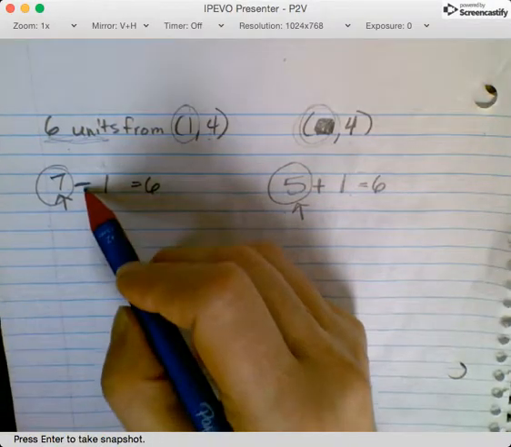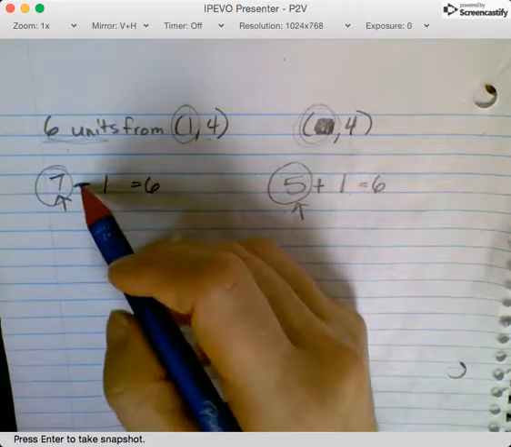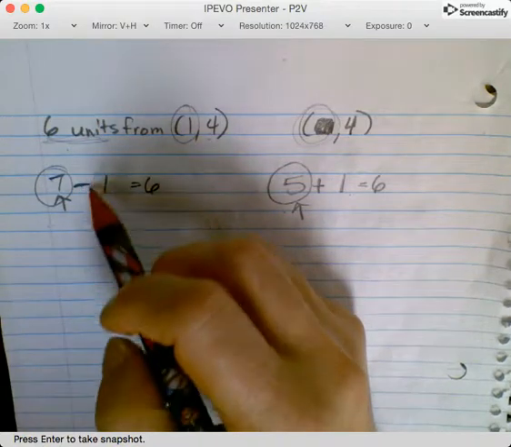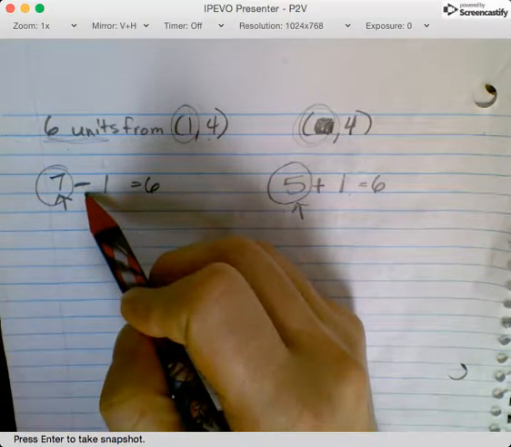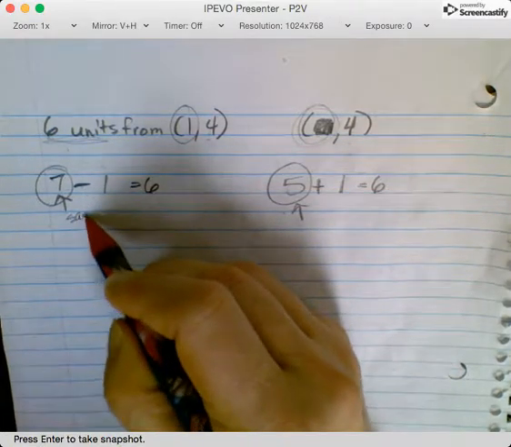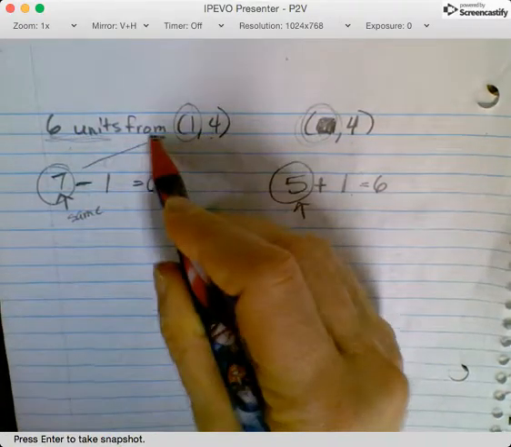Minus, remember, same sign, subtract. If I did the subtraction, that means this number should have the same sign as the original number.